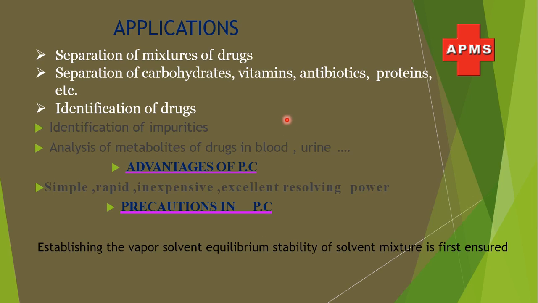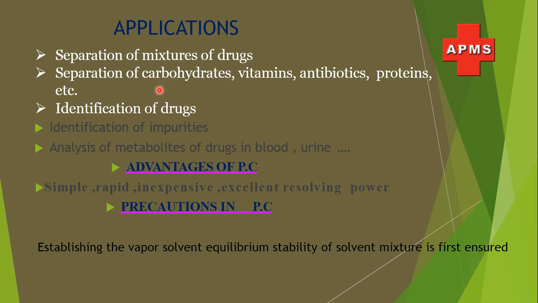Now applications of this paper chromatography technique: separation of mixtures of drugs during synthesis. When we are getting drug molecules in the pharmaceutical industry, these drugs which are produced could be present in a mixture form.